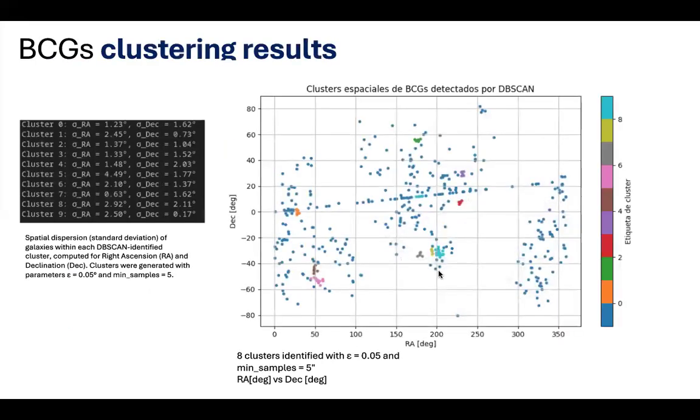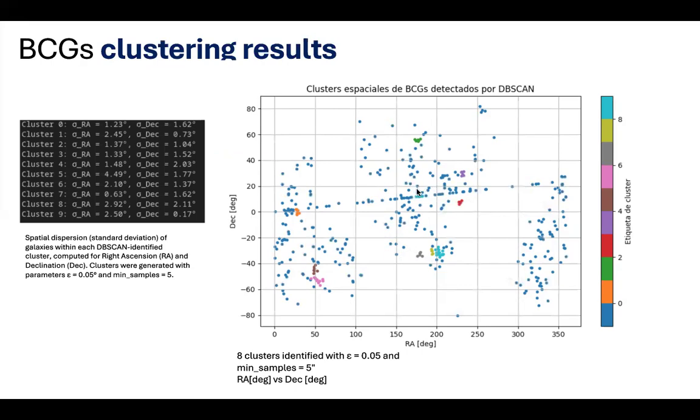Here are the results that we found. This is first in coordinate space, absolute equatorial coordinates, and the magenta color at the top is the maximum of the clustering that we found. We have some regions, for example here, where the clustering is high.